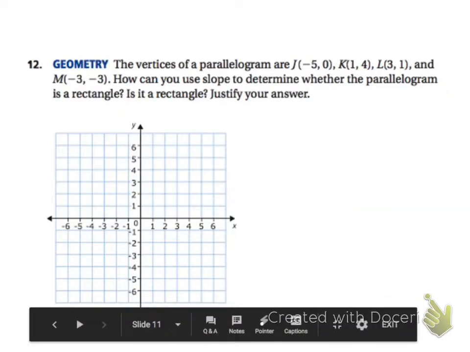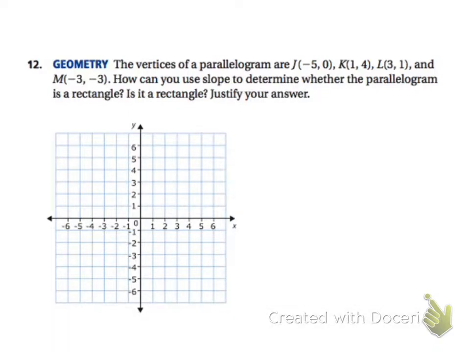The last question, this is a parallelogram, and you could graph it. Then you're going to use slopes to determine if it's a rectangle. Then is it a rectangle, and justify your answer. So graphing this would be negative 5, 0, 1, 4, 3, 1, and negative 3, negative 3.